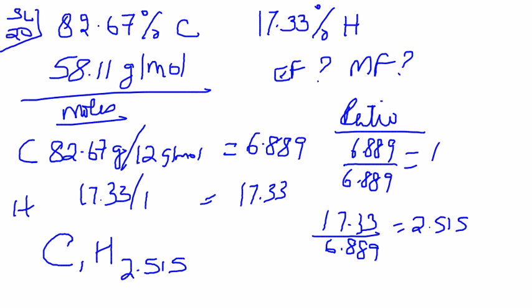So in a situation like this, you never want to round it up. You don't want to round CH2.515 up to 3 and call it CH3. Alternatively, you cannot round it down because this is more than 0.5.